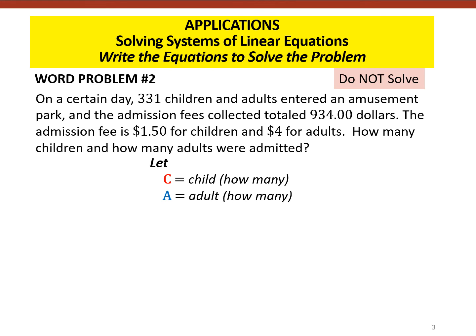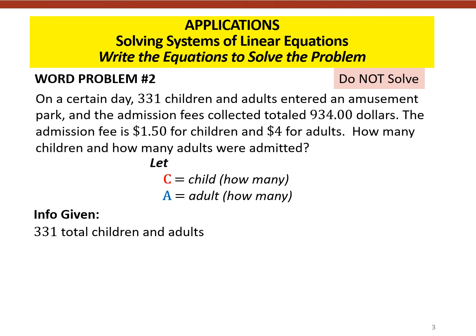And now the last thing I have to do, my third step, is I'm going to go back and really zero in on that word problem and write down all the specifics they tell me. So here we go. On a certain day, there are 331 children and adults who entered the amusement park. So I have 331 children and adults went to the amusement park.